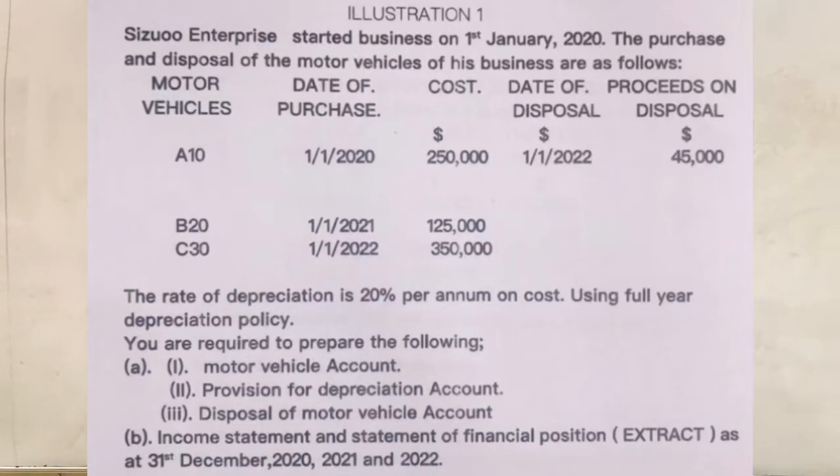A10, date of acquisition 1st January 2020, the cost is $250,000, and date of disposal is 1st January 2022. Proceeds on disposal is $45,000.